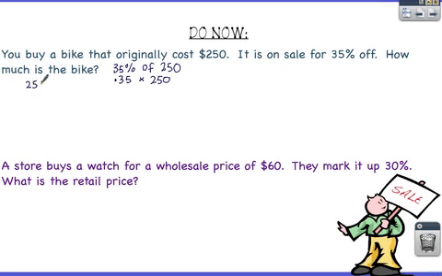So now let's do 250 times 0.35. And we get $87.50. This refers to the discount.